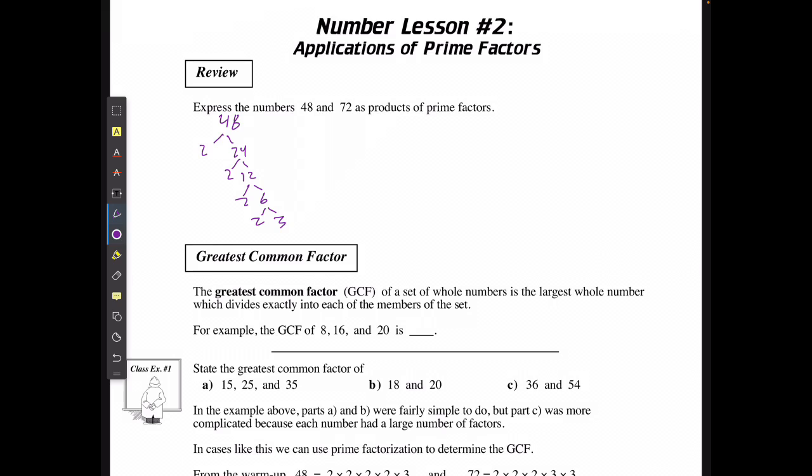And then once it's all prime numbers, I can state the multiplication of all those prime numbers. For 72, I'm going to do the same process, and I'm going to get 2 and 36, 2 and 18, 2 and 9. Can't do 2 anymore, so now I'm going to get 3 and 3.